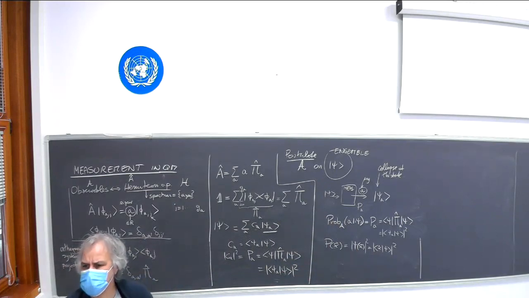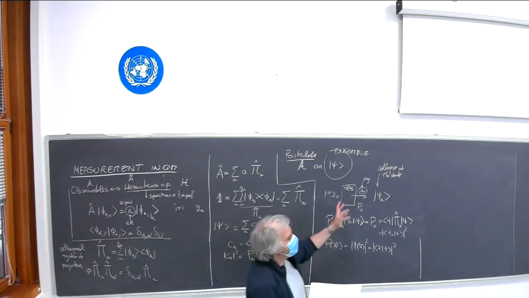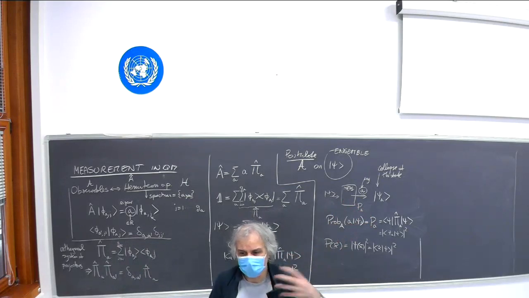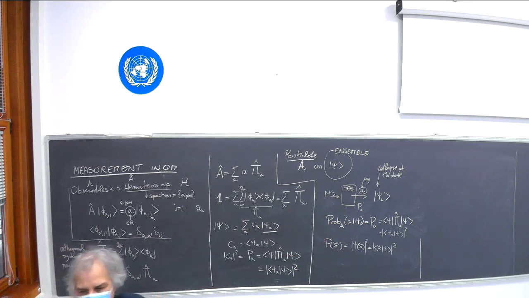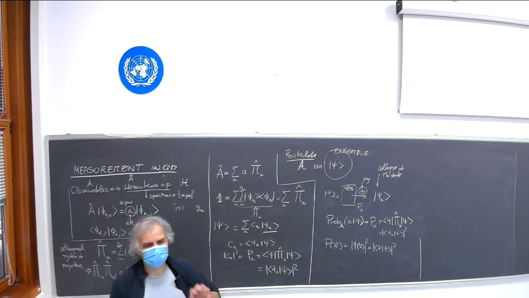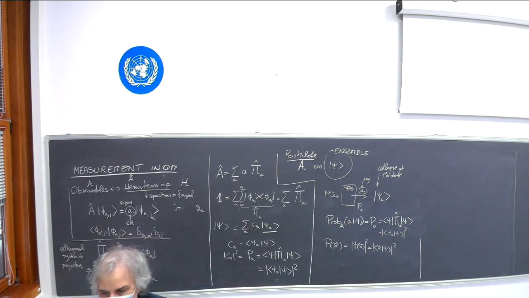Is it clear? So as you see, there is an element of uncertainty here, an element of probability, which is somehow new and strange, because so far we have discussed the Schrödinger equation, diagonalizing things, or the evolution in time. Everything was mathematically deterministic and no surprise.